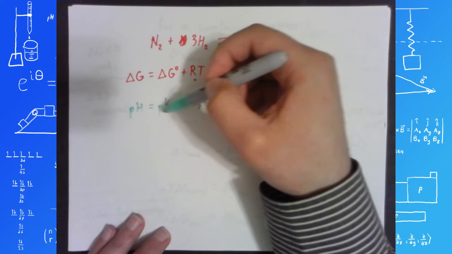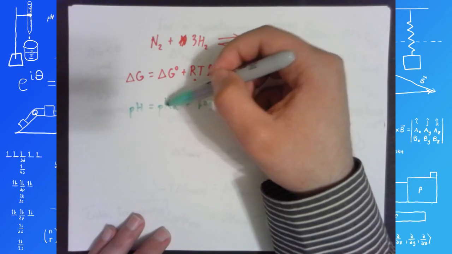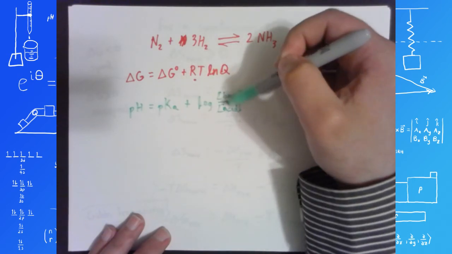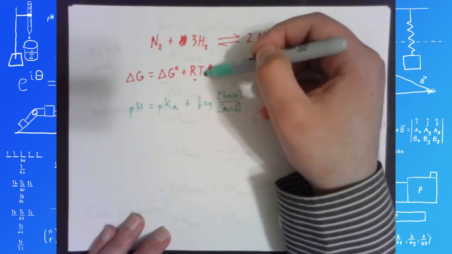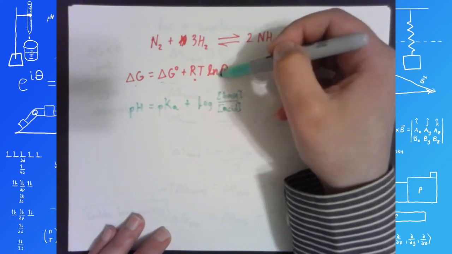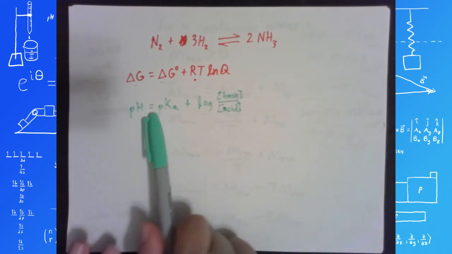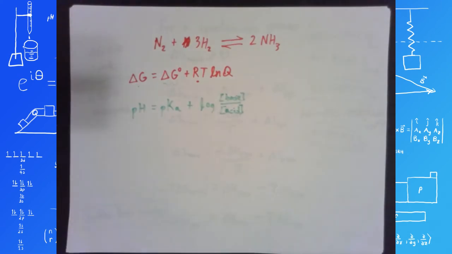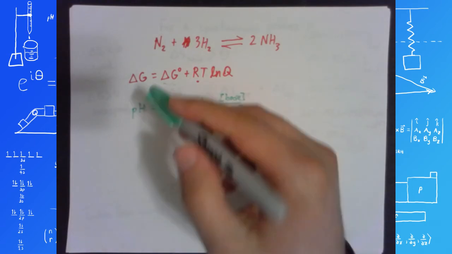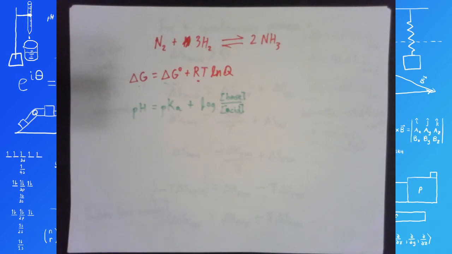And the same way that pH is some starting or benchmark value modified by some log, your delta G is also some sort of standard or benchmark delta G value modified by some log. So there is a little bit of similarity in the pattern for these two equations, and in the next chapter we will see yet another equation that bears a resemblance to both of these. It has a similar format to it.